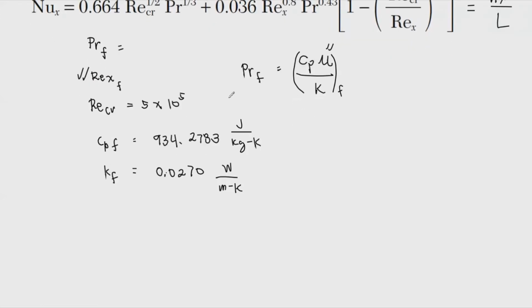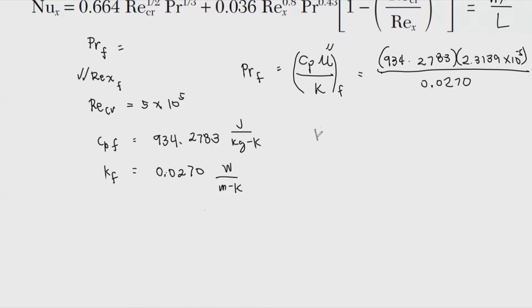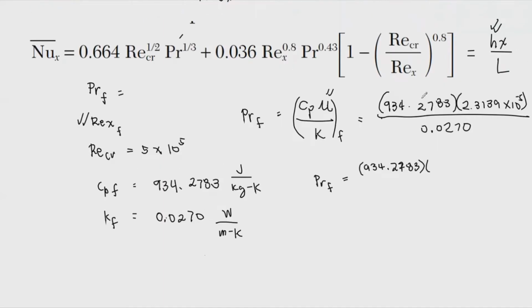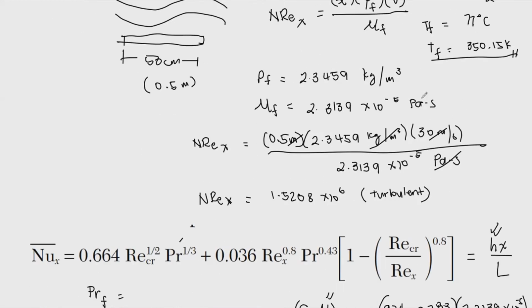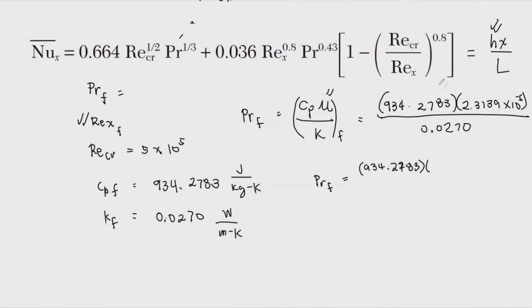So with that, now let's try finding the value of our Prandtl number at the film temperature. Our Prandtl number at the film temperature is Cp mu over K. So we get 934.723 multiplied with our dynamic viscosity, that we already obtained, so 2.3139 times 10 to the negative 5.